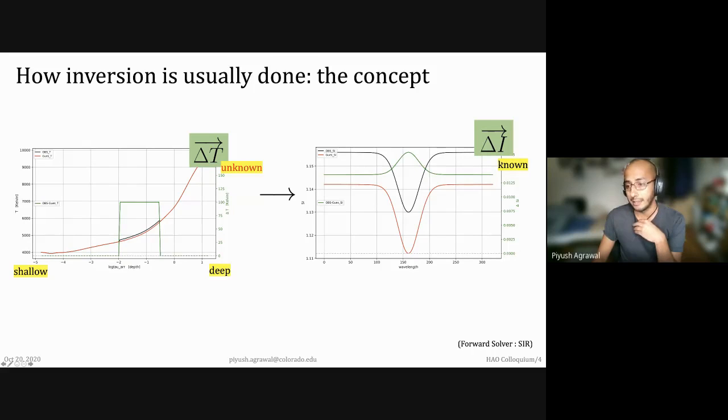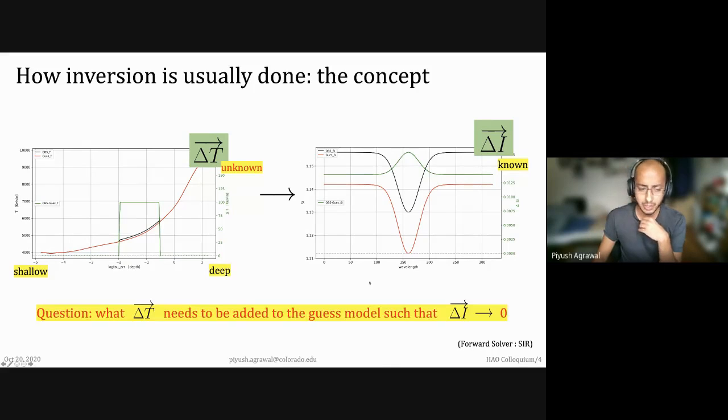And delta I is known. In summary, the question boils down to what delta T you need to add to the guess model such that the resulting delta I goes to 0. So you start with the guess model, assuming that it's close to the real atmosphere, and then you ask what changes you need to add to this guess model so that the resulting spectra matches the observed one.